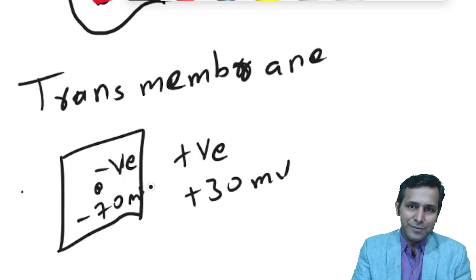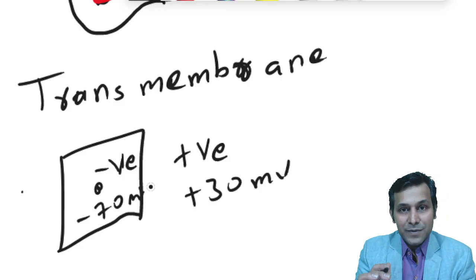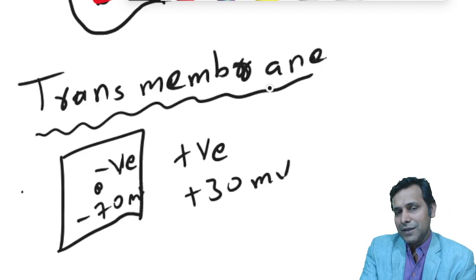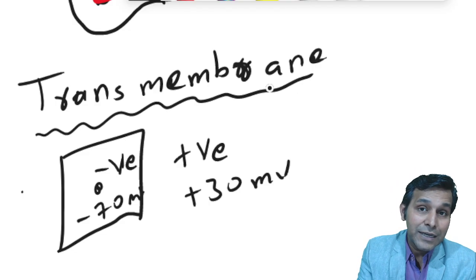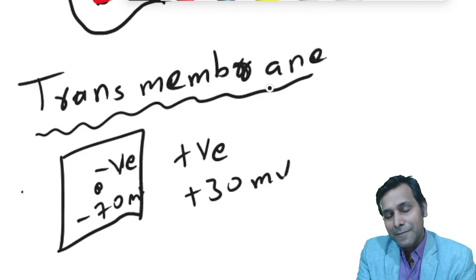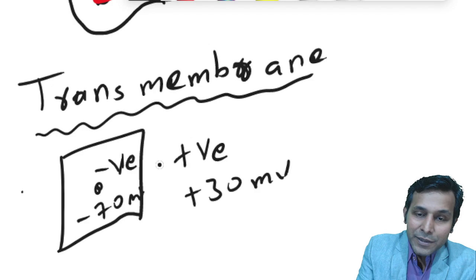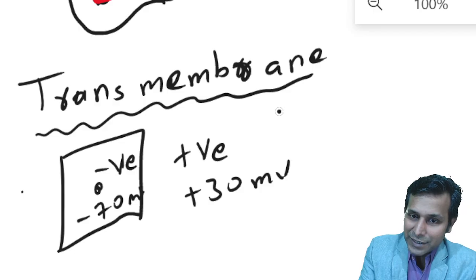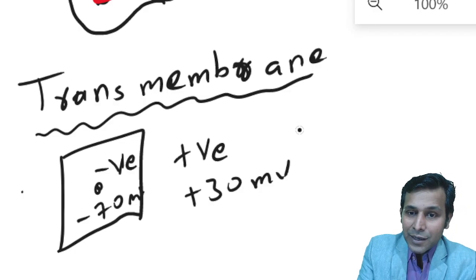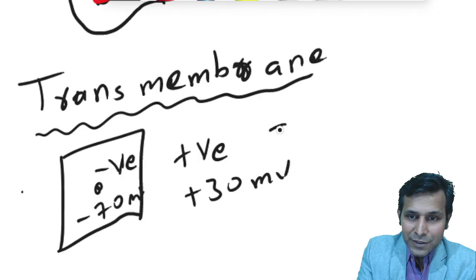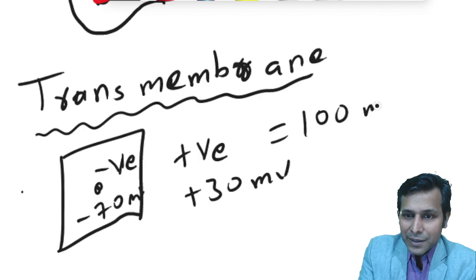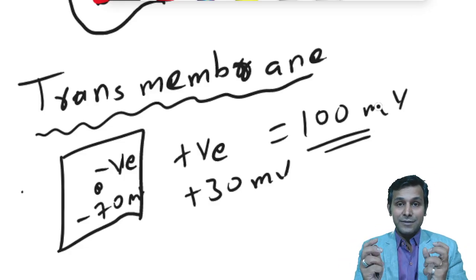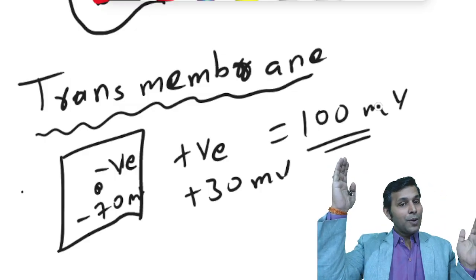Now, in such a situation, if I use the word transmembrane gradient, then what will be the actual difference between these two voltages? The difference will be, remember, 100 millivolts, because the voltage goes from plus 30 to minus 70.